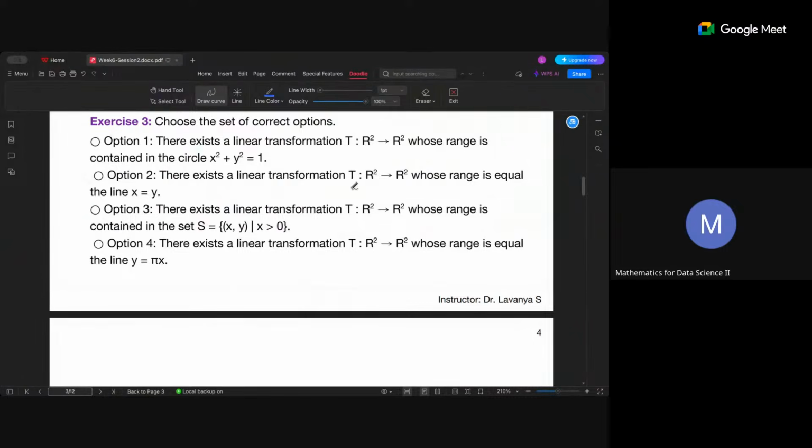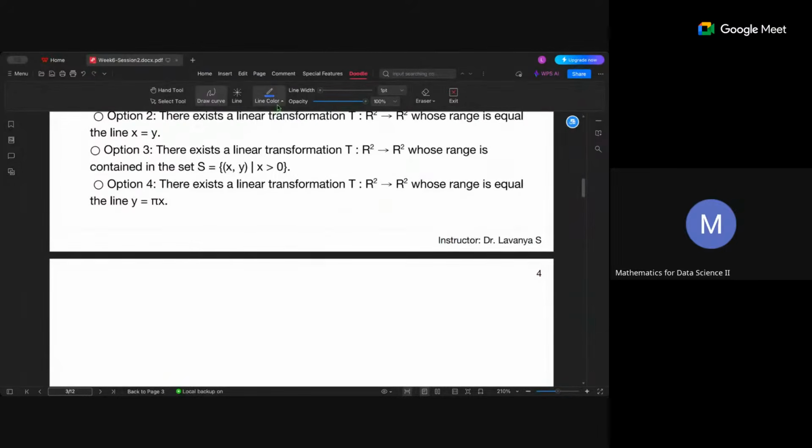There exists a linear transformation T from R2 to R2 whose range is contained in the circle x squared plus y squared equal to 1. First we'll see what is meant by x squared plus y squared equal to 1. In R2, if this is 1, this is 1, this is minus 1, this is minus 1, I'll try to draw a circle.